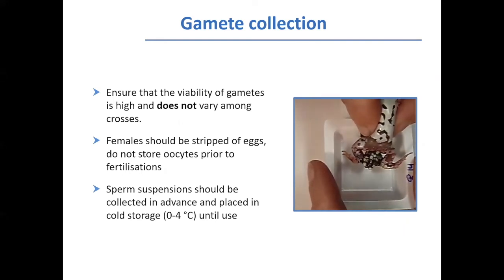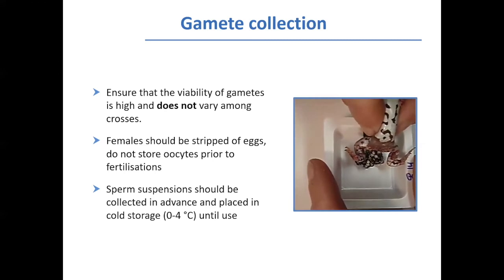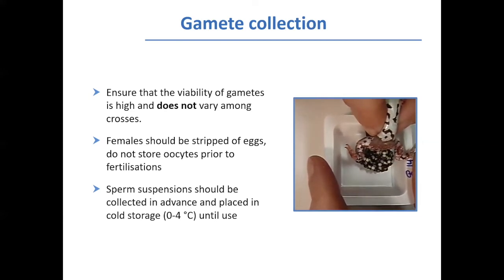Spontaneously ovulated oocytes should not be used, and oocytes should not be stored prior to fertilization, as the oocyte's capacity for fertilization declines within minutes of oviposition. Such declines will result in variability in the fertilization rate of oocytes between your females, which will falsely inflate maternal effects.